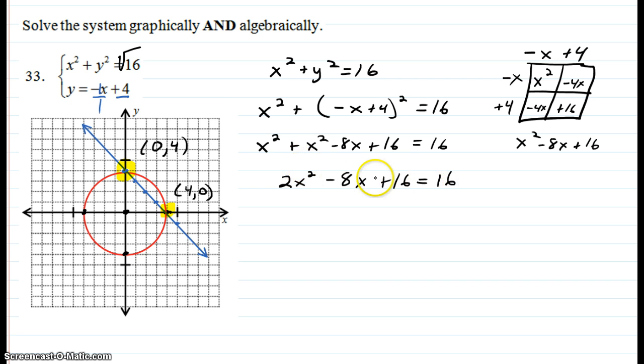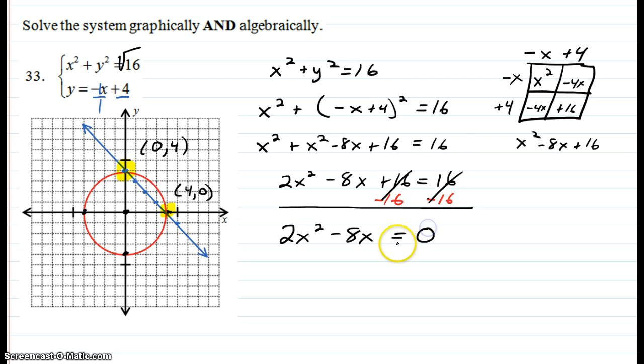So since it's quadratic, we're going to make it equal 0. So I'm going to minus 16 from both sides. And when we minus 16, something nice happens. The 16s drop out, which is going to make it an easier problem. And so we have 2x squared minus 8x. And when the 16 minus 16, it gives us a 0.